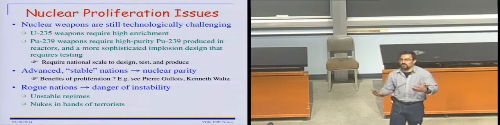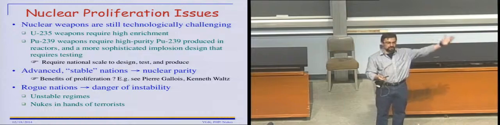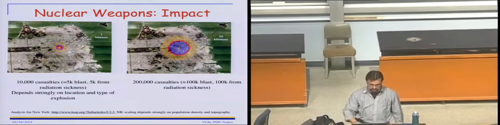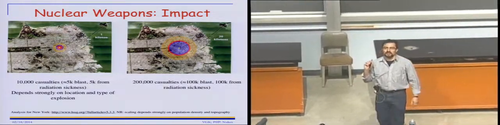So again, this is not science in some sense. Science can tell you what happens if we were to drop a weapon in a populated area, or a terrorist were to drop a weapon in a populated area. This is what happens.